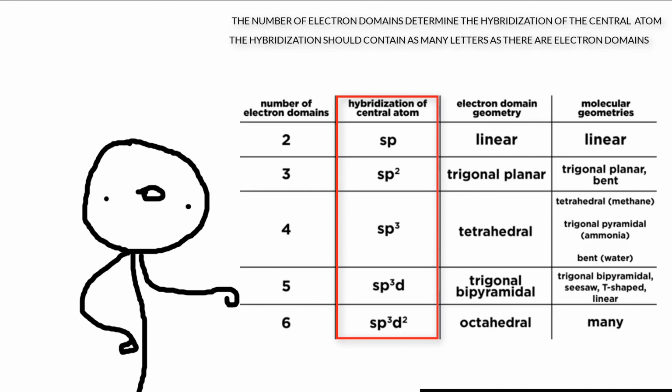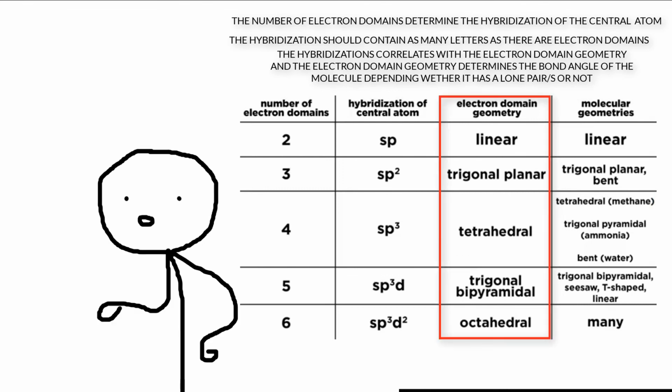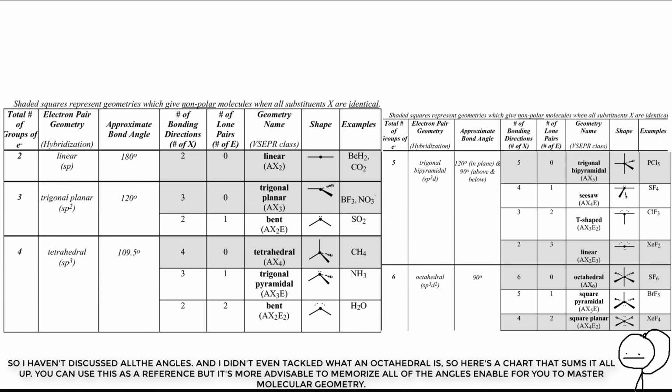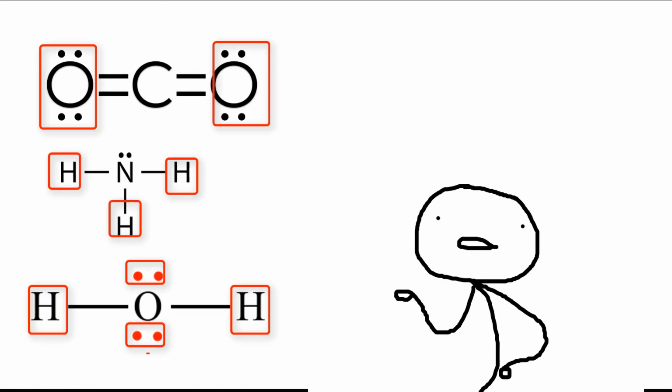The hybridization should contain as many letters as there are electron domains. The hybridization correlates to the electron domain geometry, and within each electron domain geometry there can be multiple molecular geometries as we replace bonds with lone pairs. When asked to assign these geometries, always start by drawing the correct Lewis dot structure and then just count the electron domains.